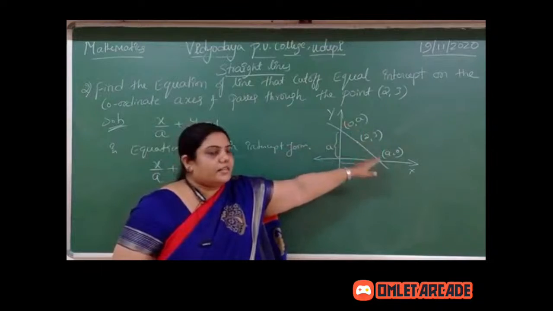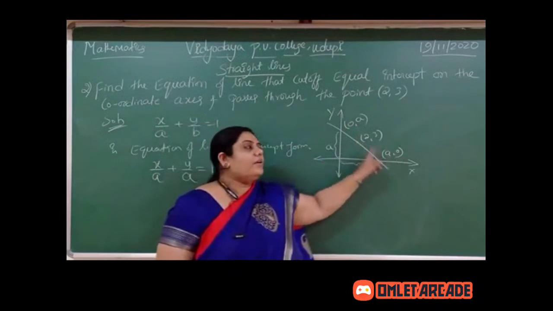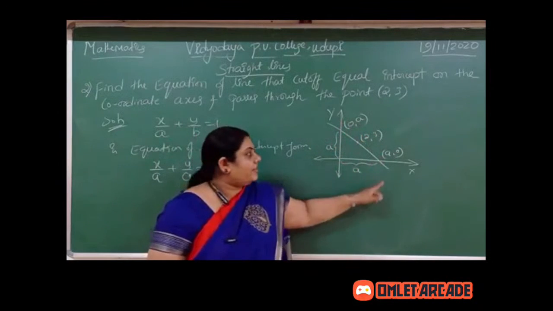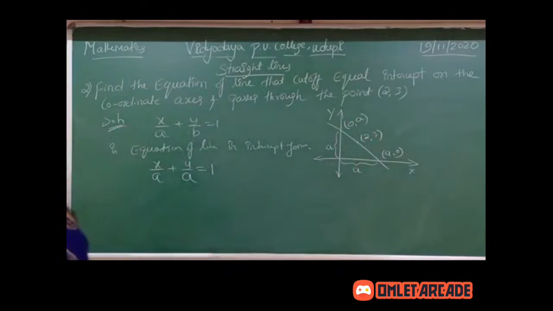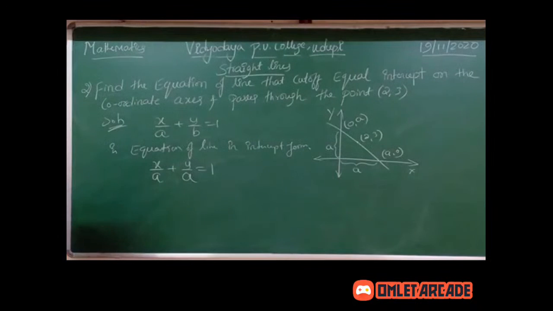Actually, it was A comma 0 and 0 comma B. But here they have equal intercept, so I have taken A comma 0, 0 comma A. Isn't it? So now this is the equation. Once you find A value, then it is enough to find the required equation of a line.